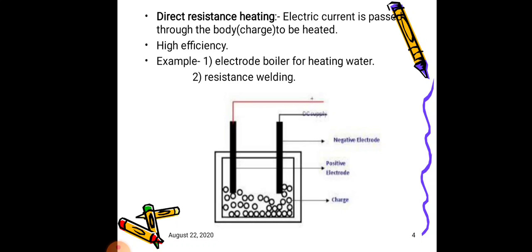So इसकी efficiency high होती है. और this principle of heating is employed in resistance welding और इलेक्ट्रोड बॉयलर और हीटिंग वाटर. इन सभी के अंदर इसके प्रिंसिपल को यूज़ लिया जाता है.